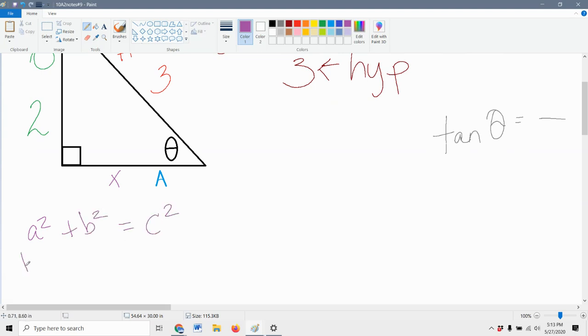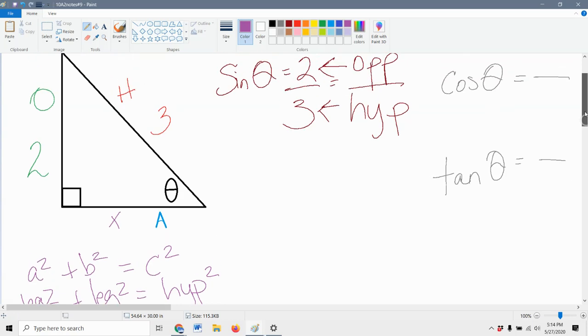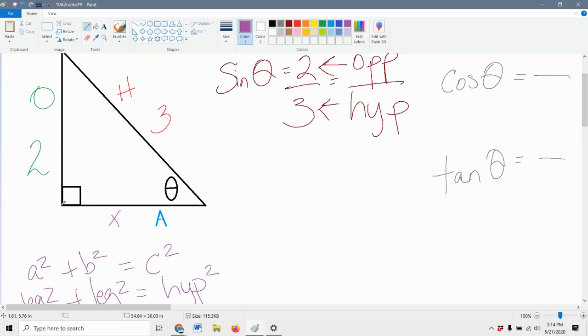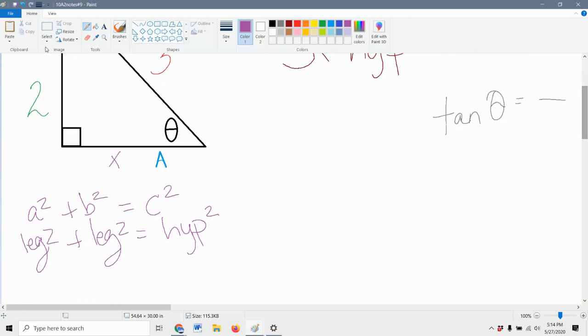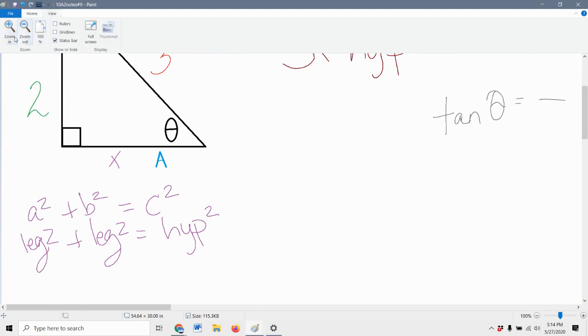Leg squared plus leg squared equals hypotenuse squared. Of course, the c being the hypotenuse every single time. Our legs, of course, are the two sides that make up that 90-degree angle. So in this case, our legs are 2 and x.